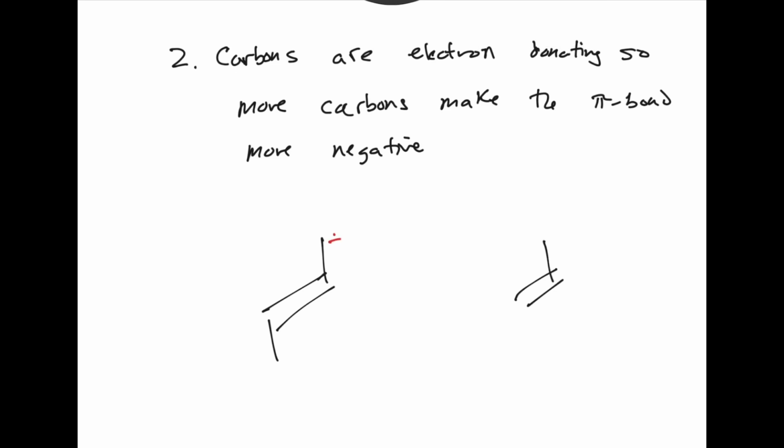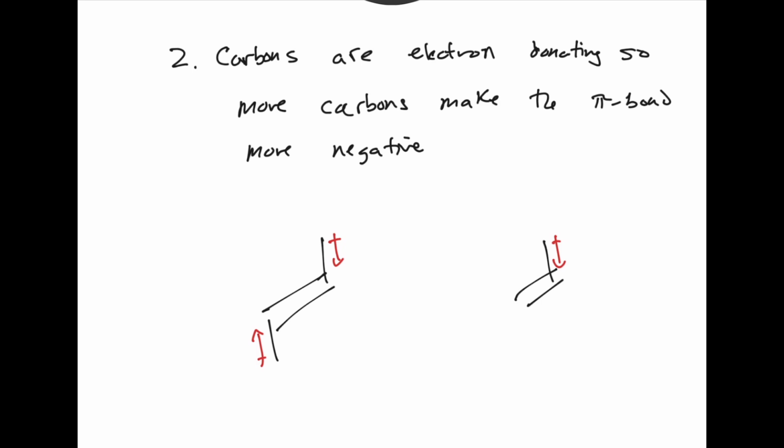Carbons donate electrons to other carbons. So the more carbons you have on a double bond, the more things you have pumping electrons into that double bond. So a disubstituted double bond has two carbons giving that pi bond electrons.